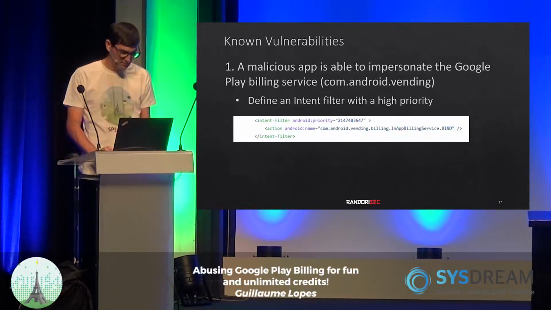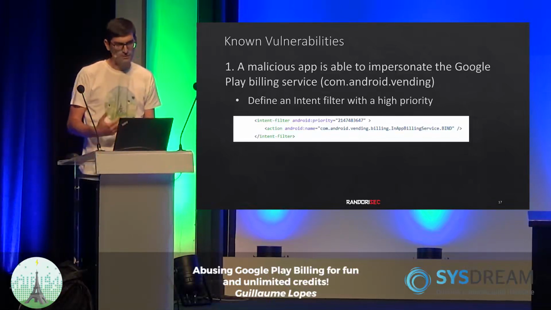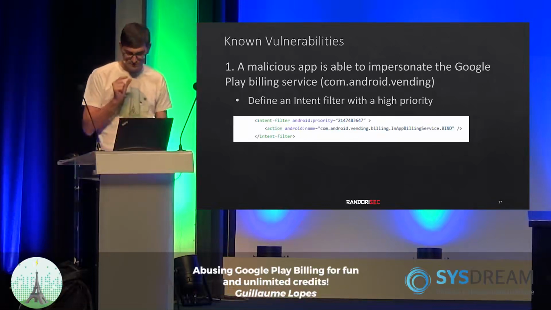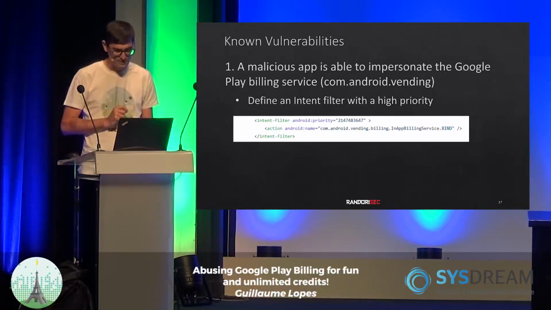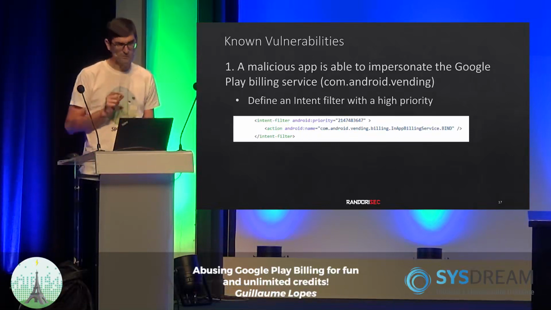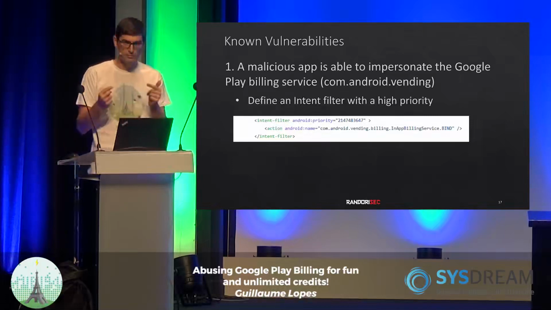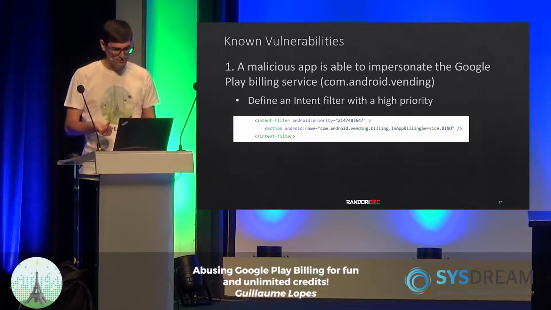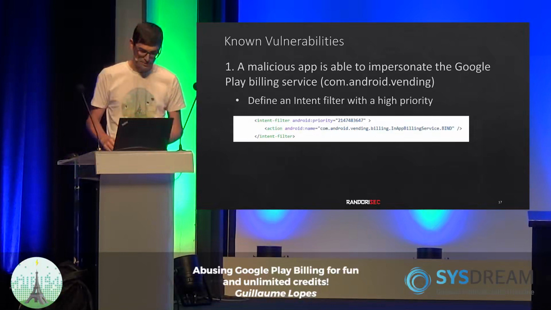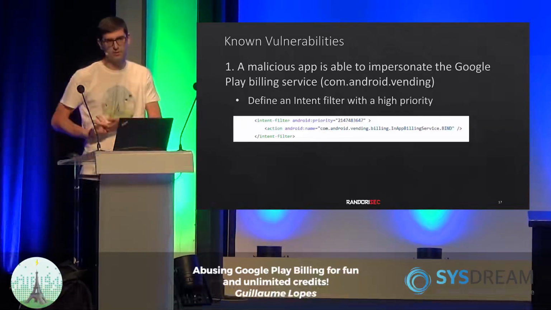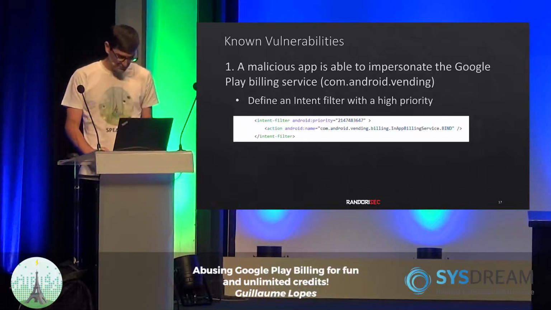At this time, he found that if a malicious application defined in its Android manifest a specific filter for the message sent by the application with a high priority, so it means you are telling the system, okay, if you send this kind of message, I want to be the first in priority to receive it and to manage it. So in fact, it means you can impersonate the Google Play app. So that was the first vulnerability found.